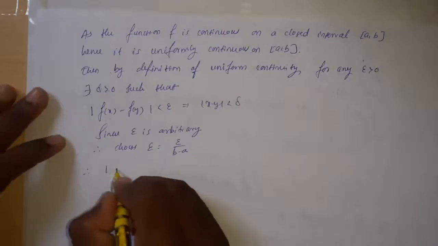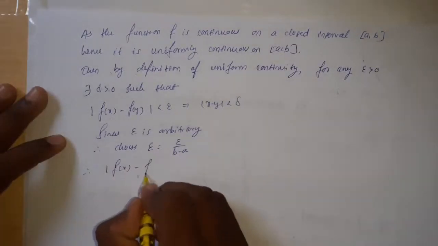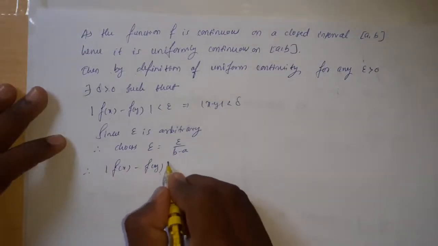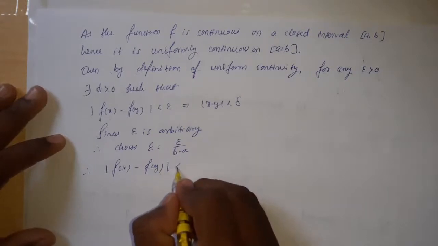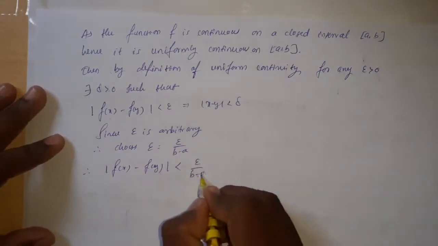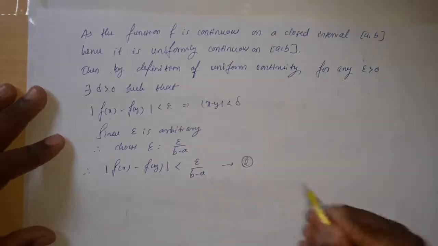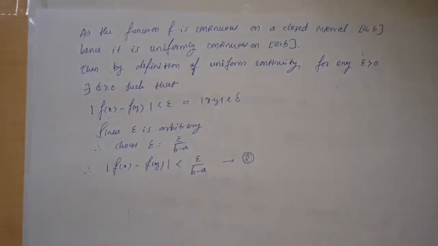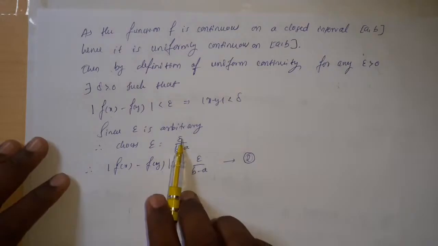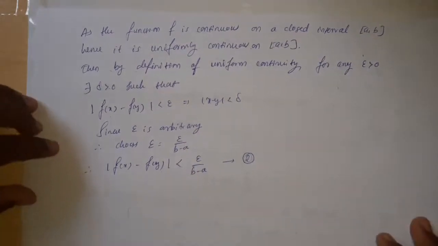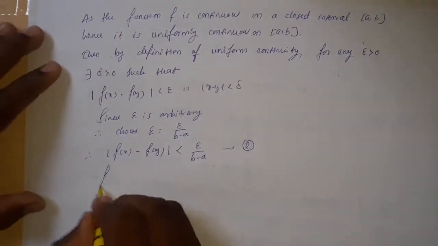So, therefore, |f(x) - f(y)| is less than epsilon divided by b minus a. Consider this as the second equation. Because epsilon is an arbitrary constant, it can take any value, so for our convenience we have considered it as epsilon by b minus a.